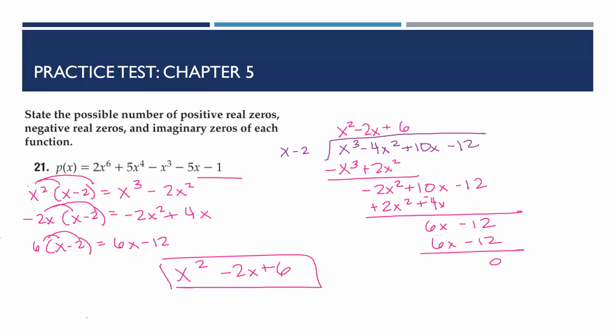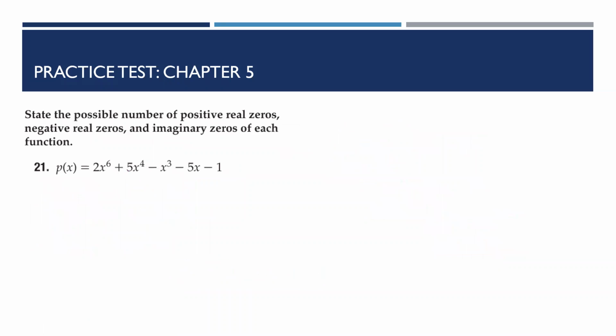All right. So number 21, it says, state the possible number of positive real zeros, negative real zeros, and imaginary zeros of each function. Okay, so first of all, this p of x has degree of 6, so that means it has 6 zeros.